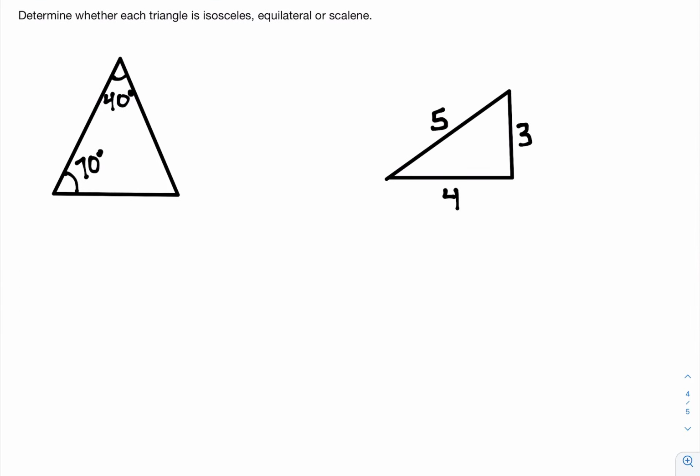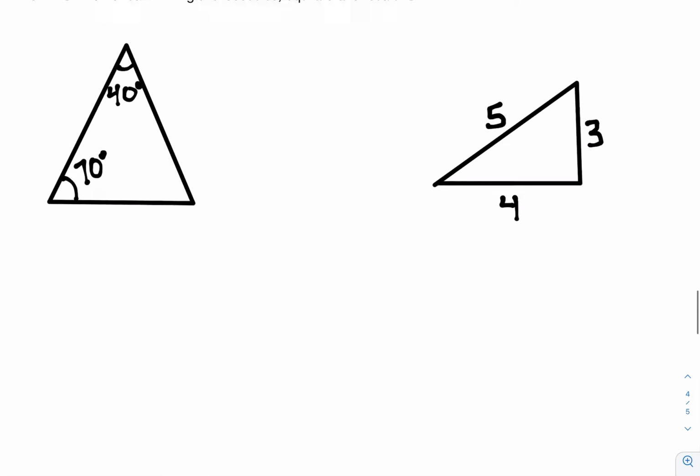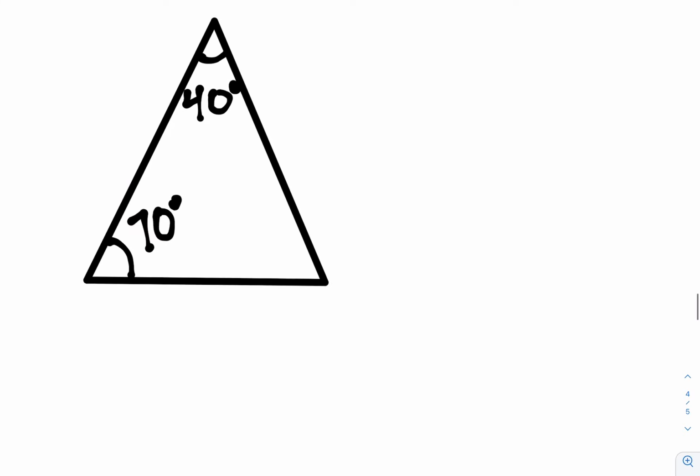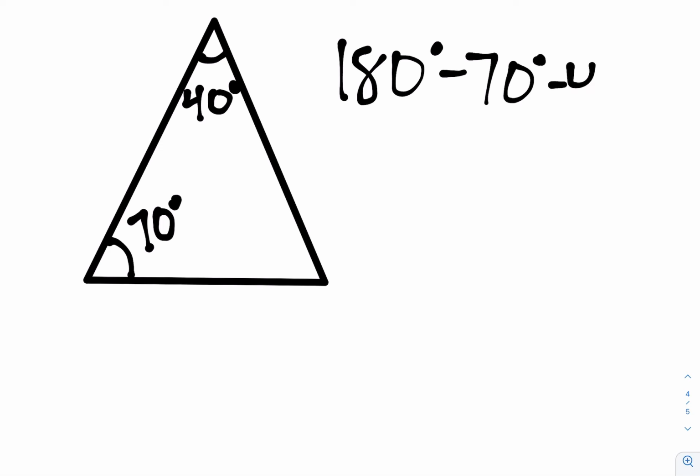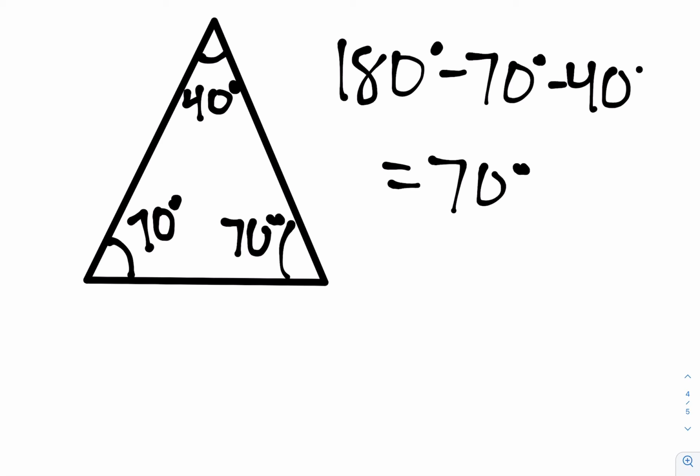Determine whether each triangle is isosceles, equilateral, or scalene. So, like I said, we all know that the angles of triangles add to 180. So if this is 70, this is 40, we're going to go 180 minus 70 minus 40. That's going to be 70 degrees. So we know this one's going to be 70 degrees.